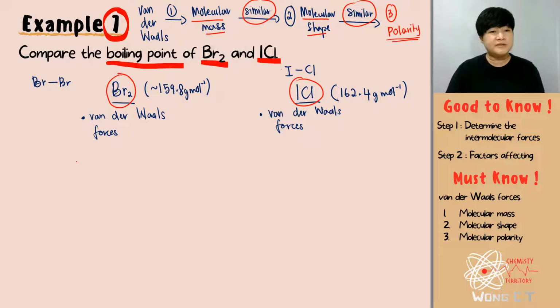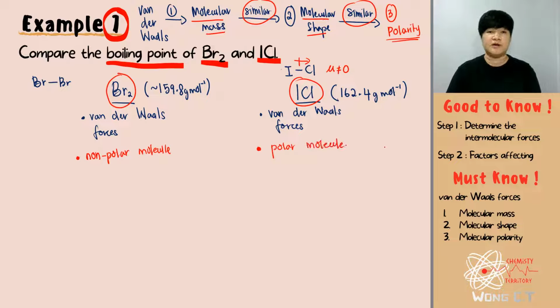Alright, obviously your Br2 is a non-polar molecule. Well, your ICl, because chlorine is more electronegative than I, therefore the bond dipole is towards chlorine, the dipole moment is also towards chlorine. And the mu will not equal 0 because it's a polar molecule. Alright?